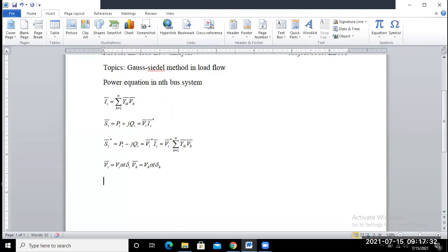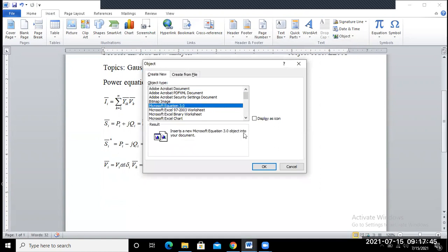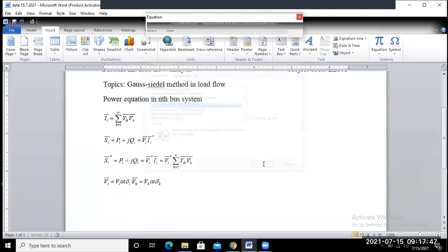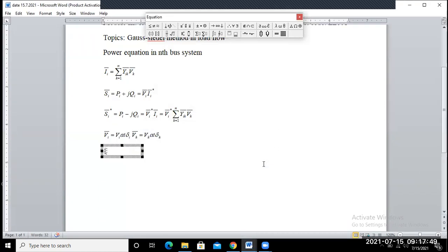Similarly, we can write Yik in polar form, equal to the magnitude of Yik at an angle of theta ik.